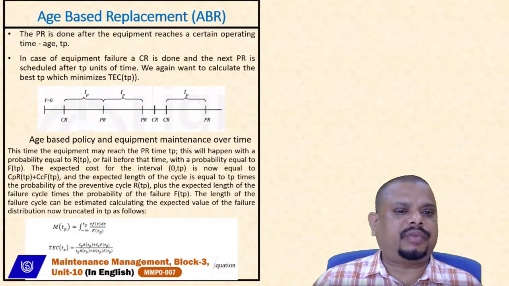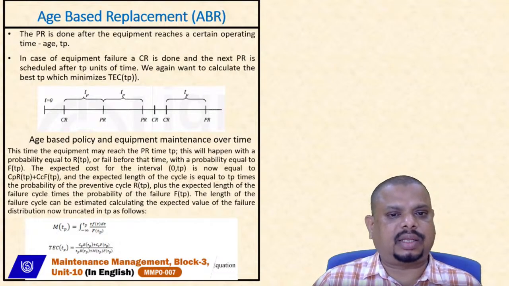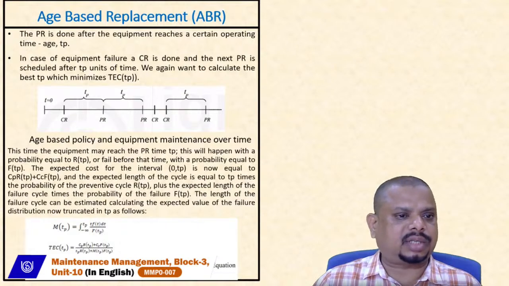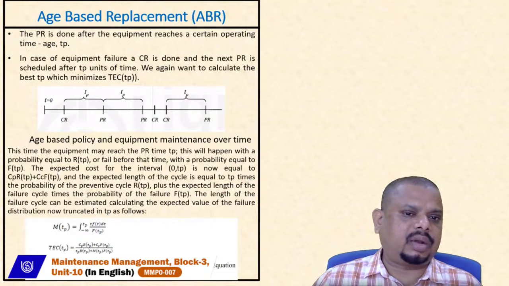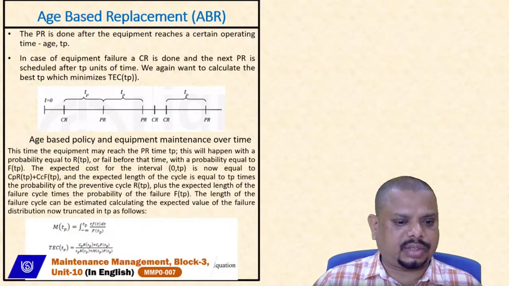In case of equipment failure, CR is done, and the next replacement is scheduled after the time and age of the unit. We again want to calculate the best time interval or certain operating time which minimizes the total cost per unit.